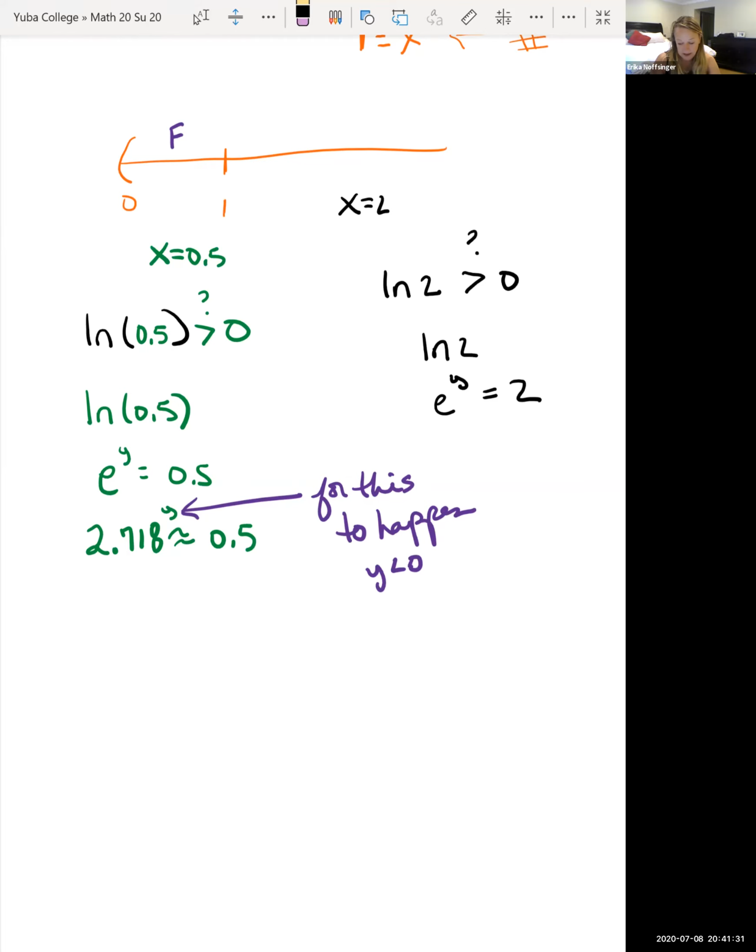If I take a square root or some root, then I could get this to 2. So I'm doing some reasoning without my calculator, but if we plug the natural log of 2 into the calculator, you get approximately 0.7. That is greater than 0, and so this is true.